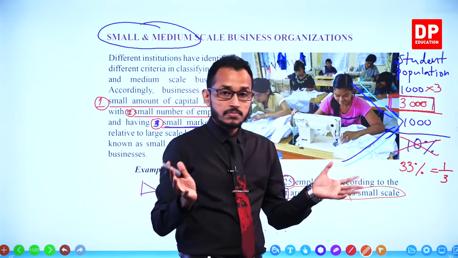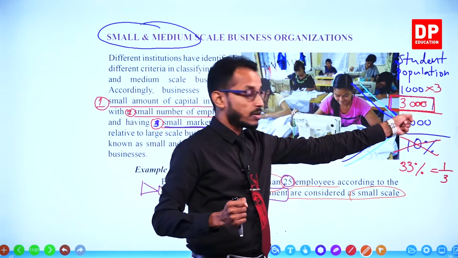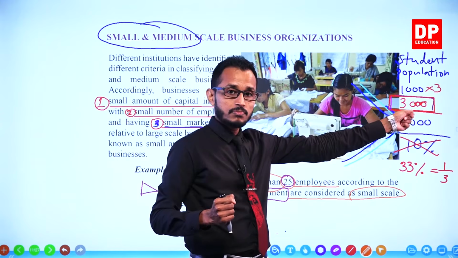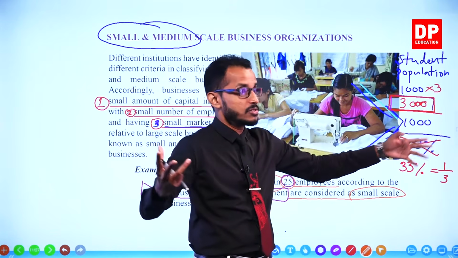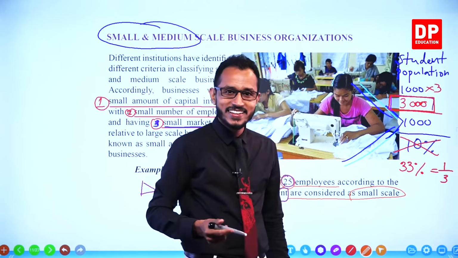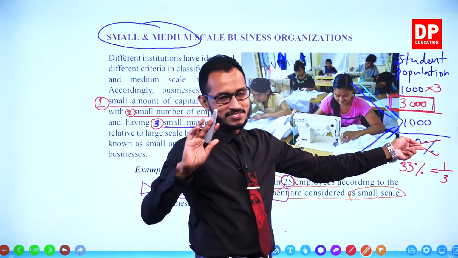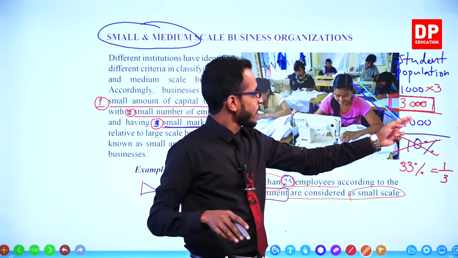That is influential. That means you can influence this market. Okay, if you don't provide these 1,000 uniforms, the girls that year are not going to have uniforms. It's not like girls are not going to wear uniforms. It's not like that.